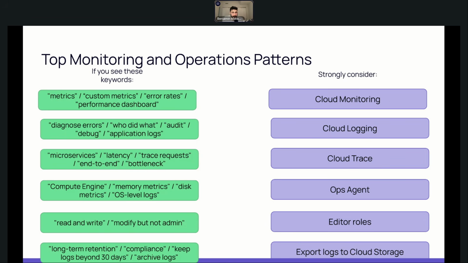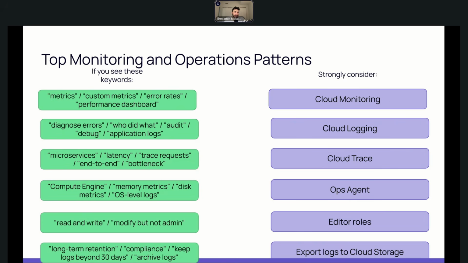Okay, monitoring and operations. If the question mentions you want to see metrics or custom metrics and put that somewhere, or error rates, or look at a performance dashboard, you should look at Cloud Monitoring. If you want to diagnose errors, see who did what, need an audit trail, need to debug something, or want to look at application logs, you should look at Cloud Logging for the most part.